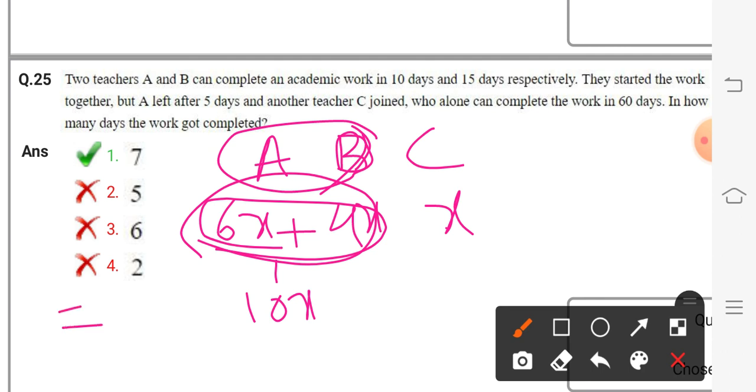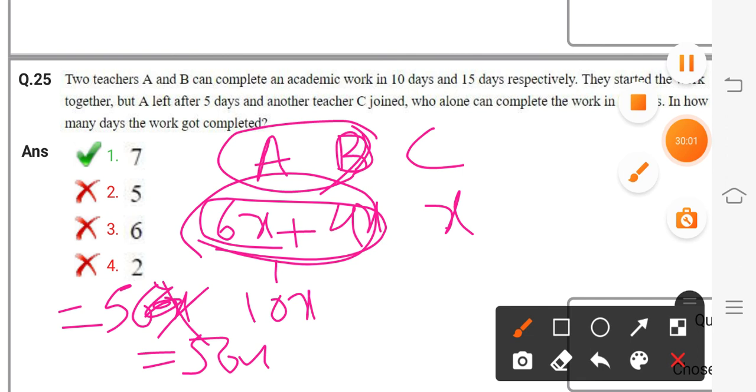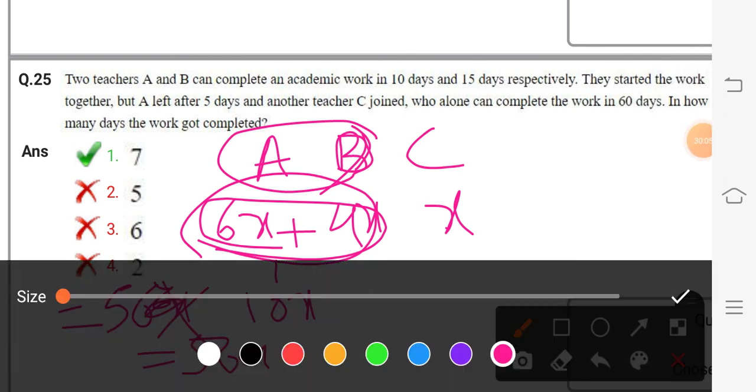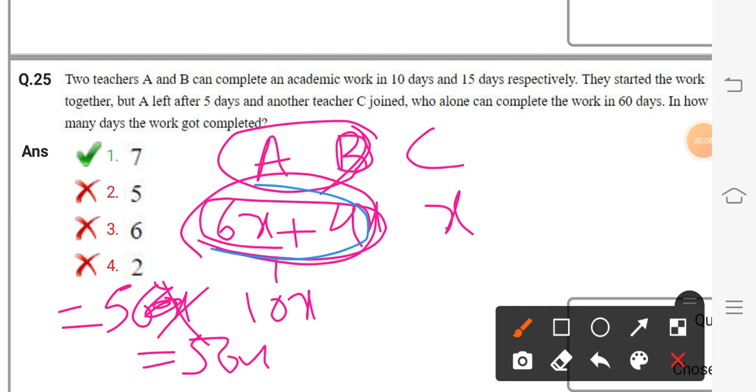How much did they complete? Total work is 60x, and these persons completed work in 5 days. So 5 into 10 is equal to 50x units. 50x units of work completed by first person and second person.